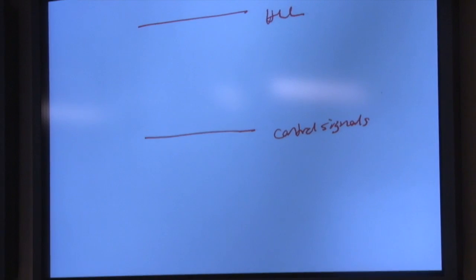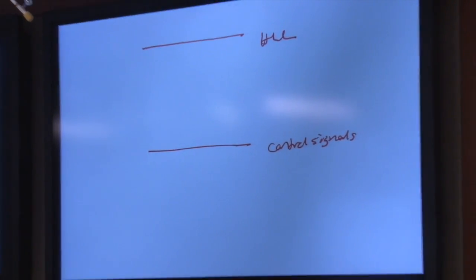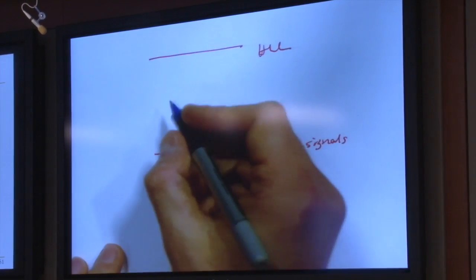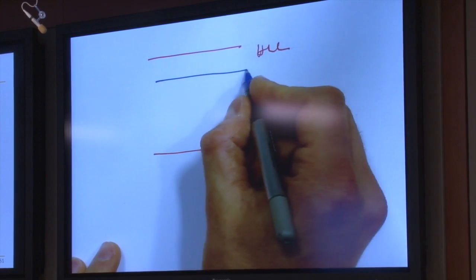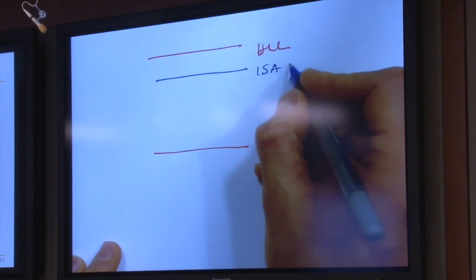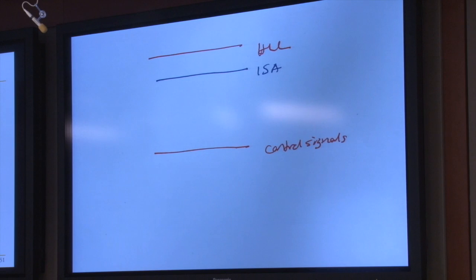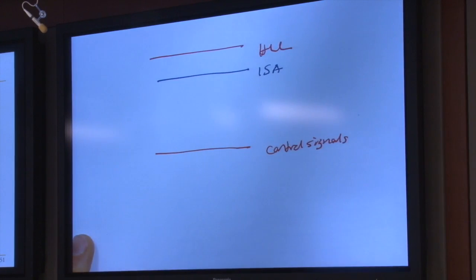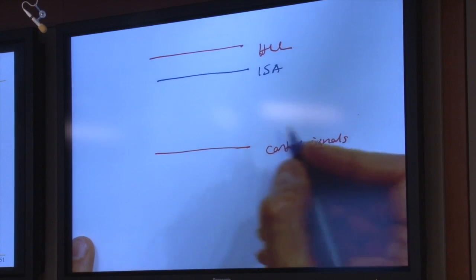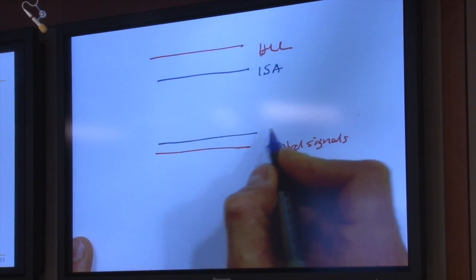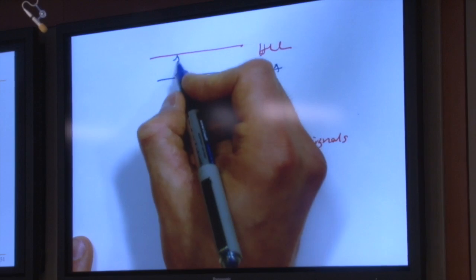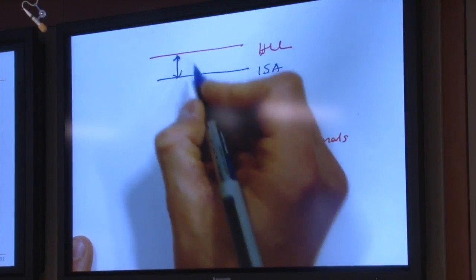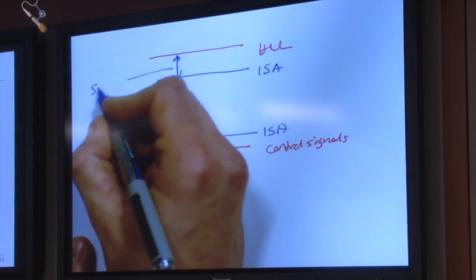Well, you can say my ISA is closer to the high-level language. So I'm going to have complex instructions that can implement operations that are specified by the high-level language, linked list operations, for example. Or you can say my ISA is over here. And the semantic gap is how far is your ISA from the high-level language.